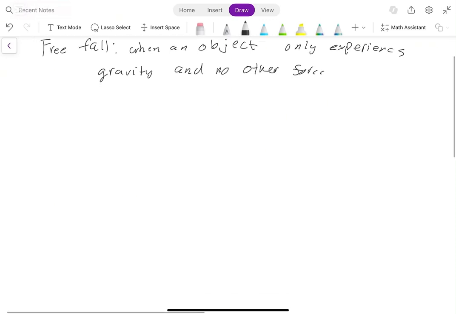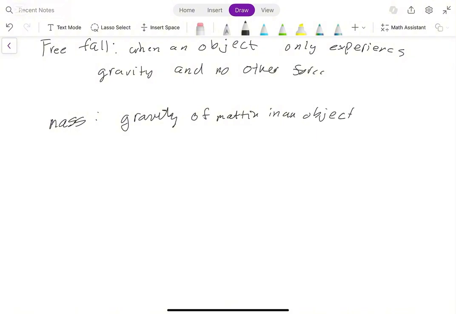So, something we're also going to talk about really briefly is just mass. What is mass? Well, mass is the amount of matter in an object. Mass is actually different from weight because mass is the amount of matter in an object, whereas weight is the force of gravity acting on an object.